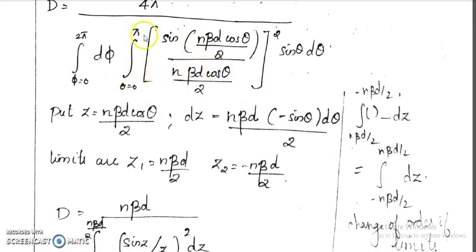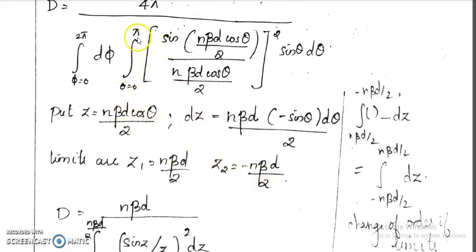So first of all we find omega A. During the calculation you use the substitution Z is equal to n beta d cos theta by 2. That means dz is equal to n beta d into minus sin theta into d theta by 2. Based on that, the upper limit and lower limit also change.